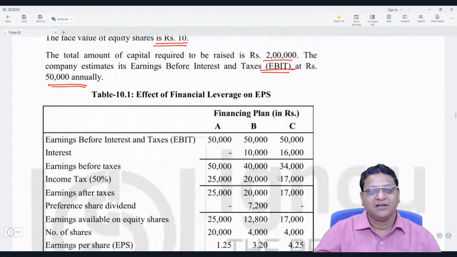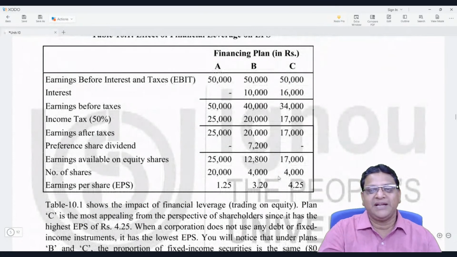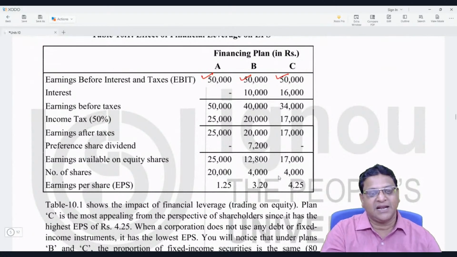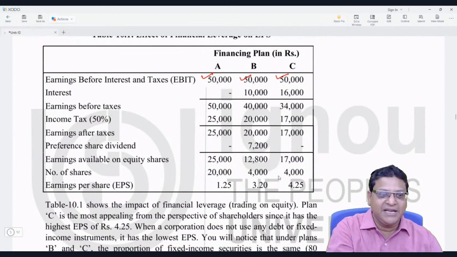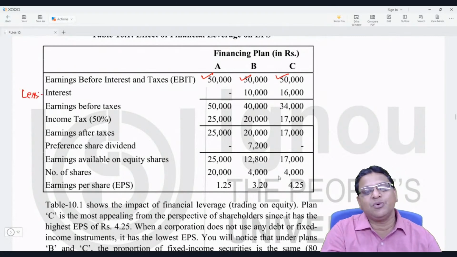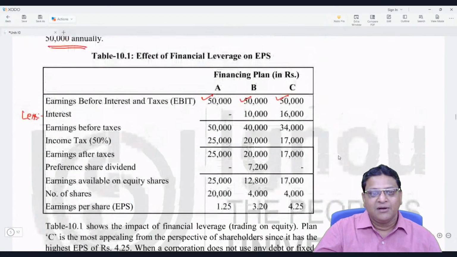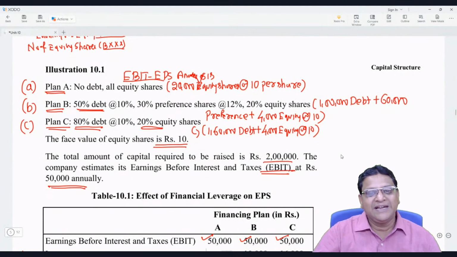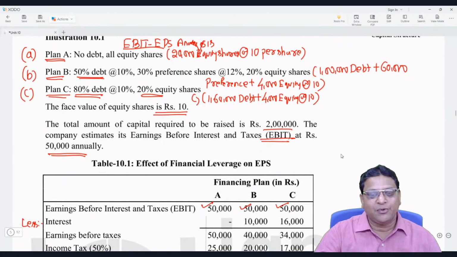Let's see what the EBIT is. EBIT is given as 50,000 in each case. 50,000, 50,000, 50,000, three plans are there. From EBIT, we have to deduct interest. When will interest be paid? Interest will be paid when you use debt capital. Look at the plans: in plan A, you do not use any debt capital, only 20,000 equity shares.